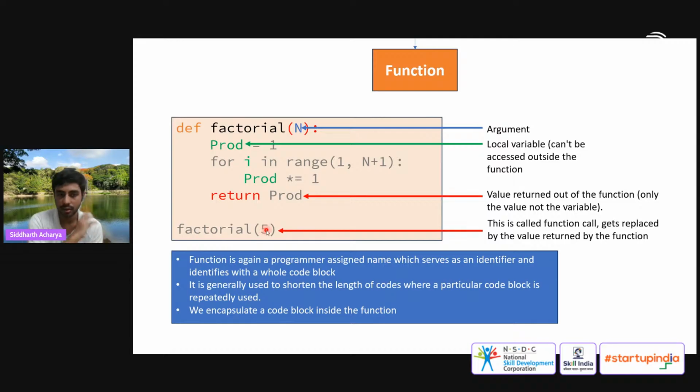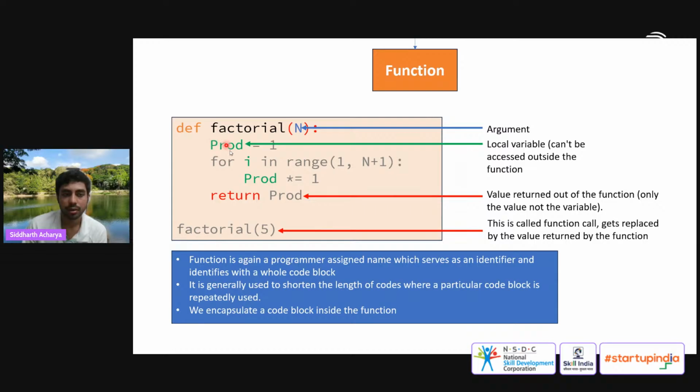We just write parentheses open, parentheses close. That's it. But since this is taking an argument, we give it some argument, and what Python does in the backend is it erases this and in place of it puts the value corresponding to this prod. Here we called factorial 5.